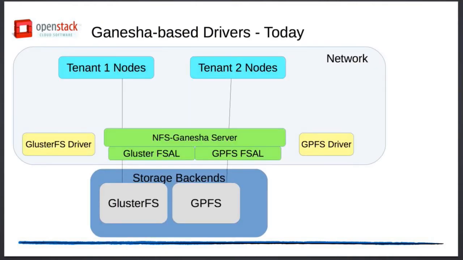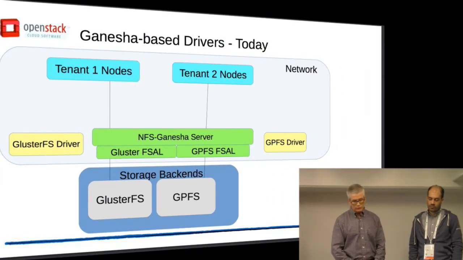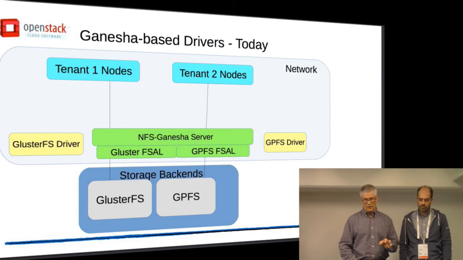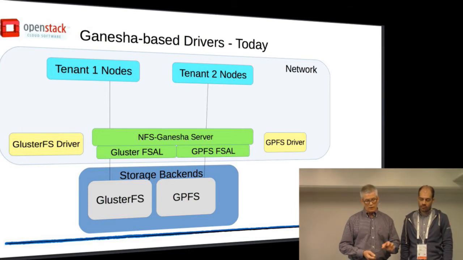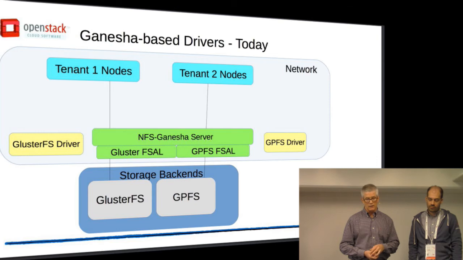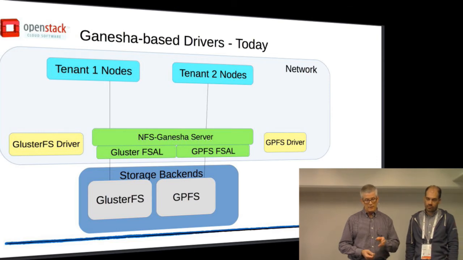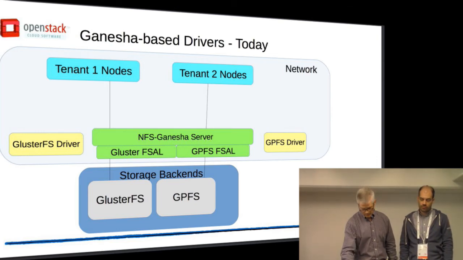Okay, so let's look at the Ganesha-based Manila drivers today. First of all, I want to point out that the diagrams abstract most of the details of an actual connection. What we're trying to show is just that the file system shares created on various back-end technologies can be managed and made available to our tenant nodes.